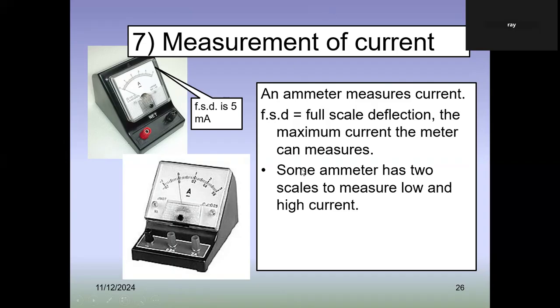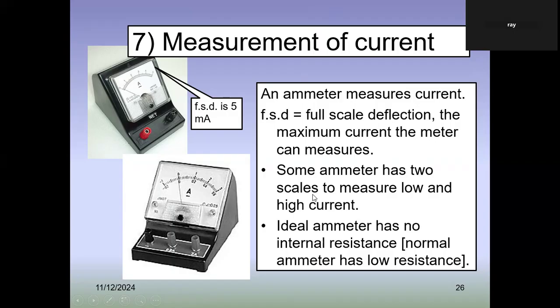Some ammeters have two scales to measure low and high current. An ideal ammeter has no internal resistance. That's what we want. But usually an ammeter has low resistance.